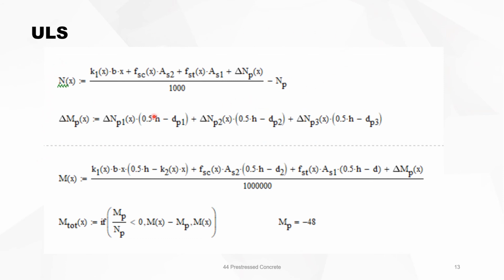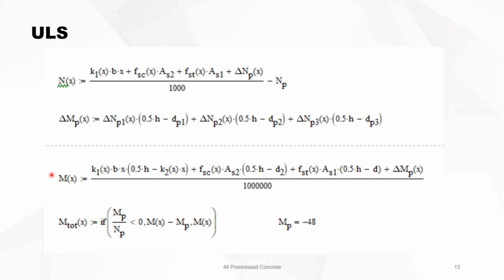Then you can have the translation equilibrium, and the additional bending moment created by the fact that under the loads, the tendons will have an additional strain, delta epsilon p, because of the deformation of the section, and that gives you an additional delta Mp.